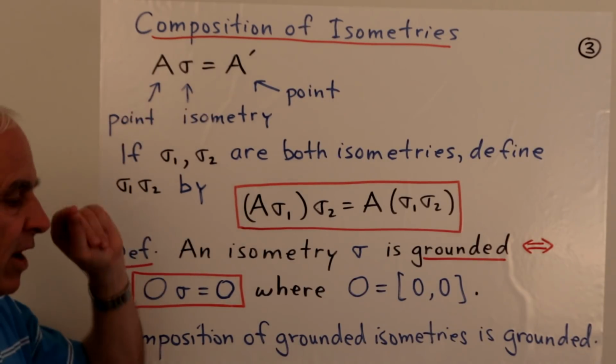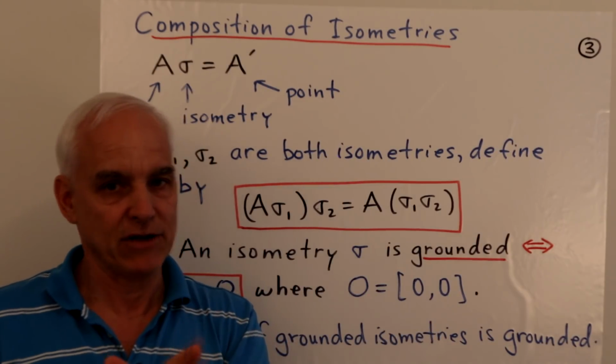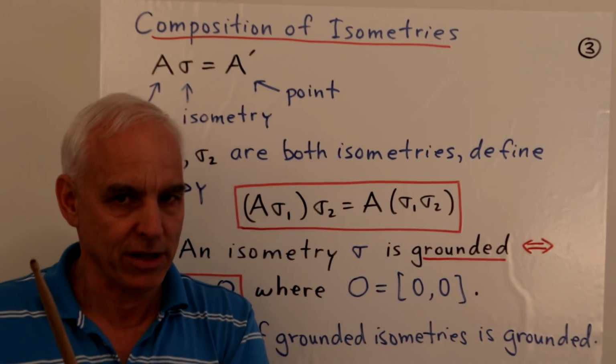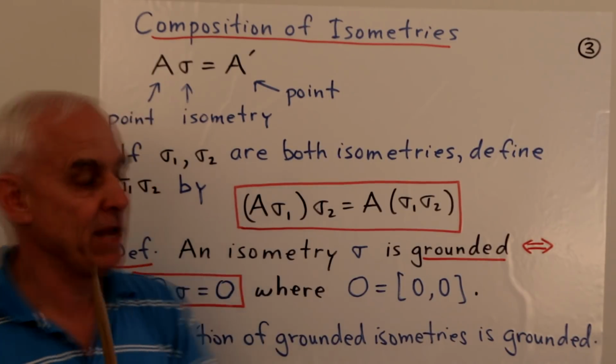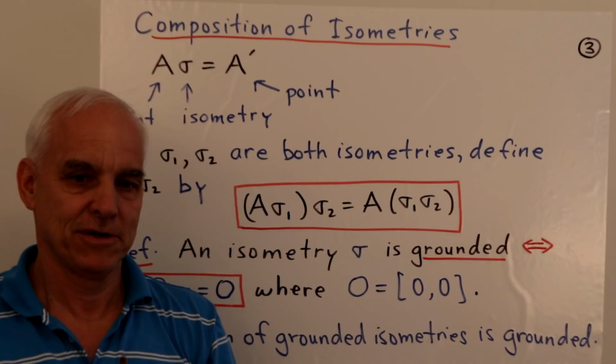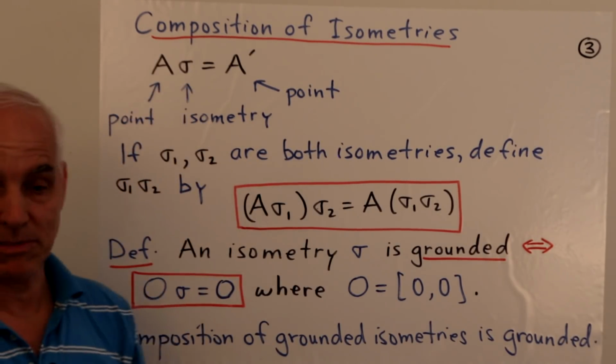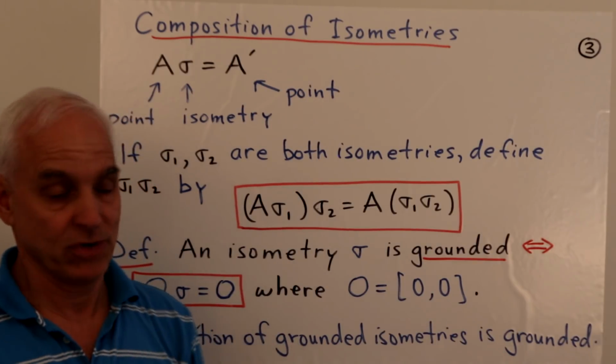This is convenient for us from a linear algebra point of view because we're going to represent points and vectors with row vectors typically. And then that will mean that we can use regular matrices to represent the isometries, and then this multiplication is just the usual multiplication between a vector and a matrix.